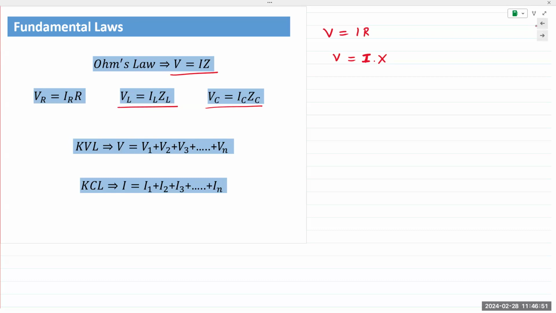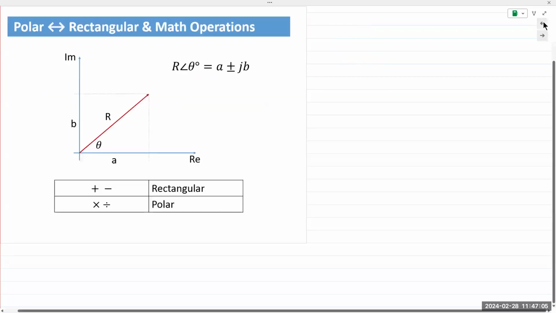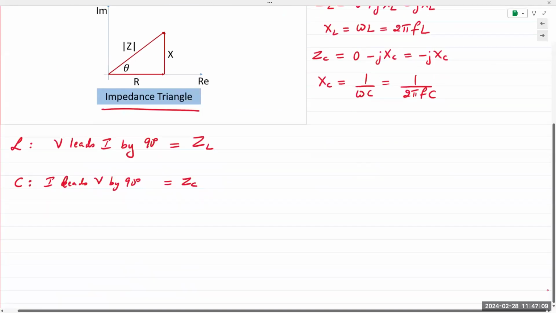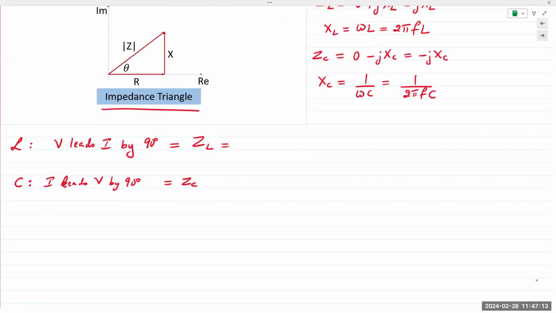So VL is IL times Z. The impedance, similar to the resistance, is voltage divided by the current. Z is V over I. So ZL, the impedance of an inductor, can be determined from the voltage for that inductor divided by the current for that inductor, VL over IL.